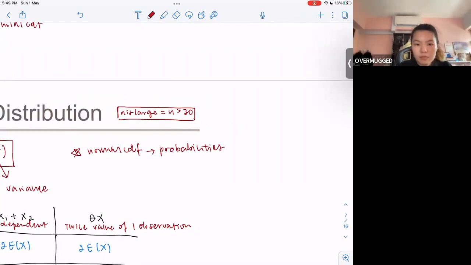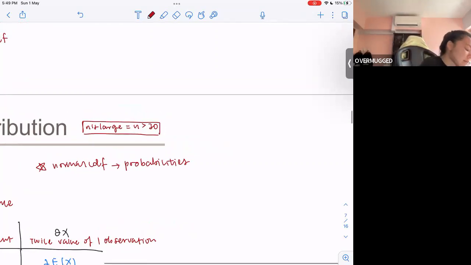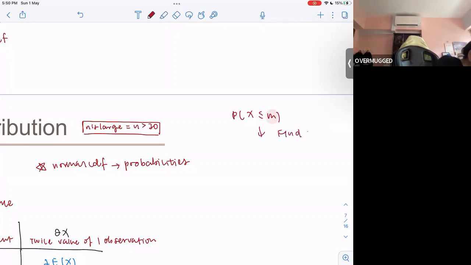Let's say you are asked to find the probability of X being less than or equal to m, and this m is what you are finding. To find m, you will use your inverse norm.